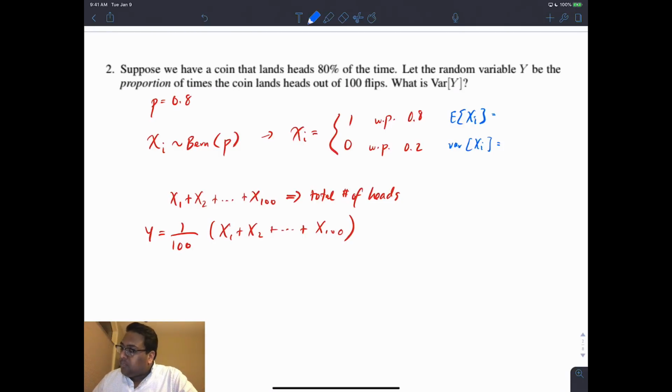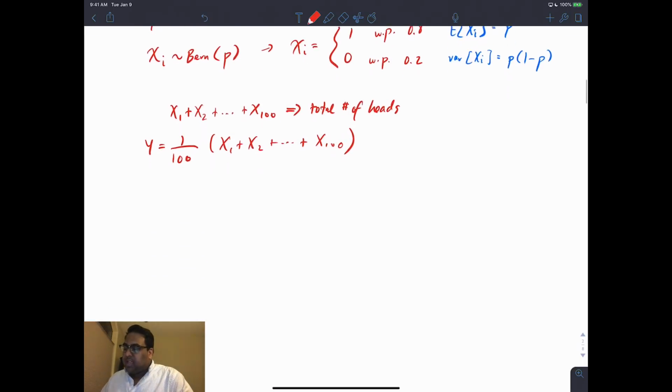The expectation of a Bernoulli random variable with parameter p is just p, and the variance is p times 1 minus p. Again, if that idea seems foreign, I recommend you look at the slides linked below, the lecture slides, or one of the other resources on Piazza. But we'll need that in our solution.